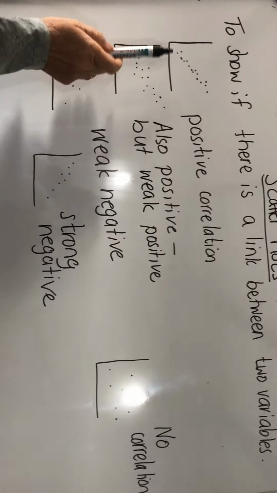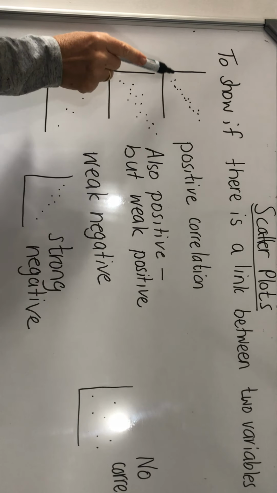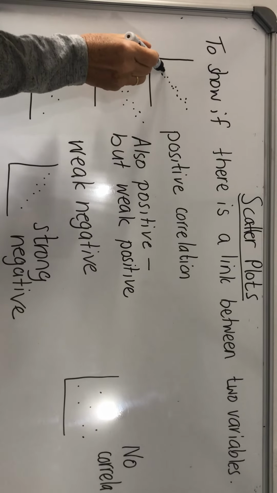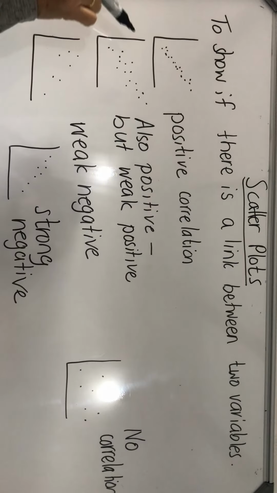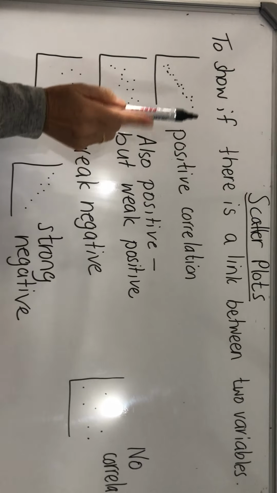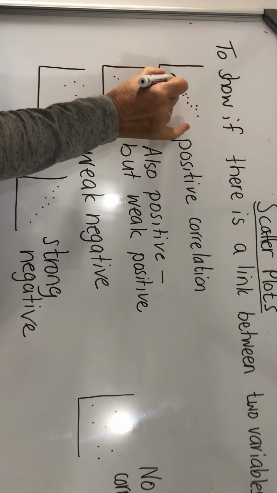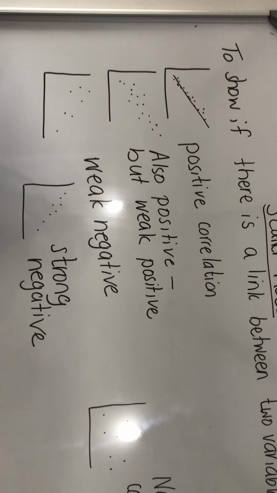So, if we plot the one variable against the other, and if we find that the points we get are strongly clustered in an increasing line, we would call this a positive correlation. We would very easily be able to put a line of best fit through these points.